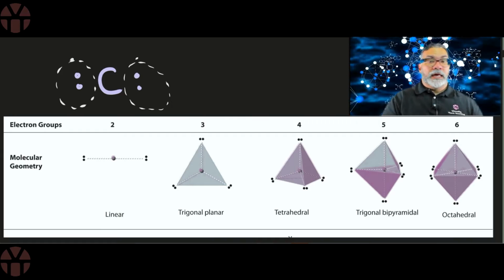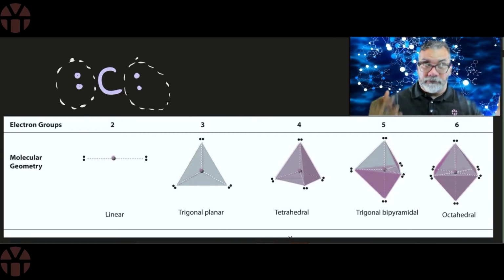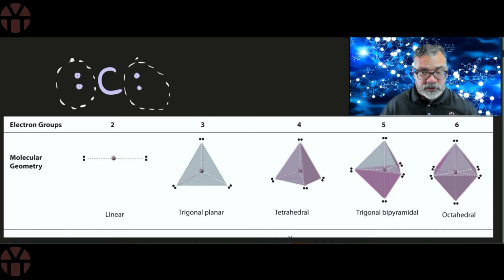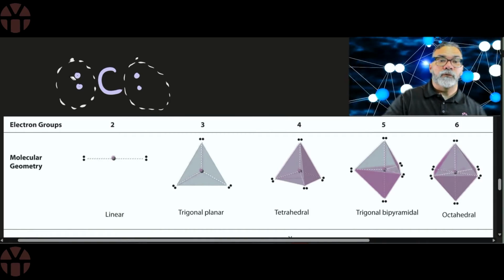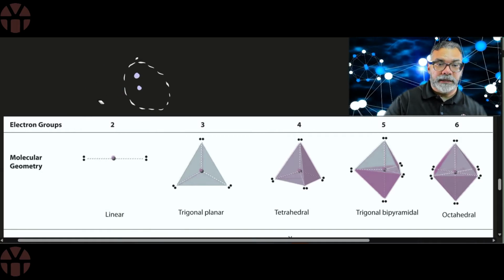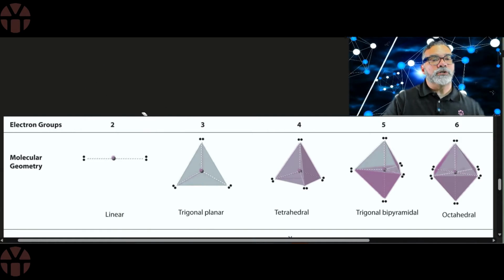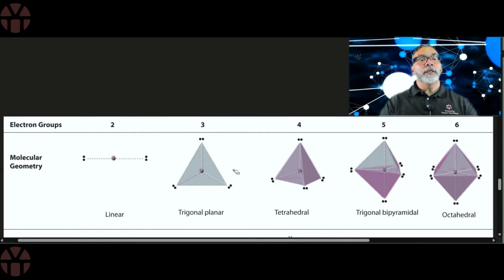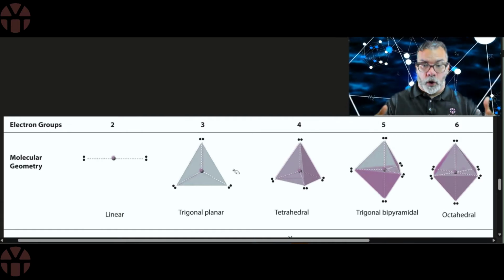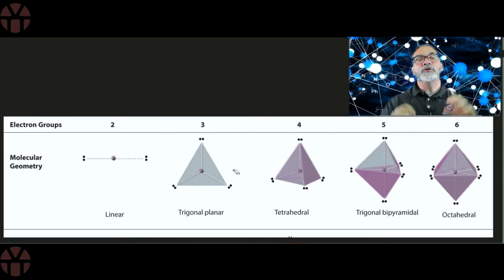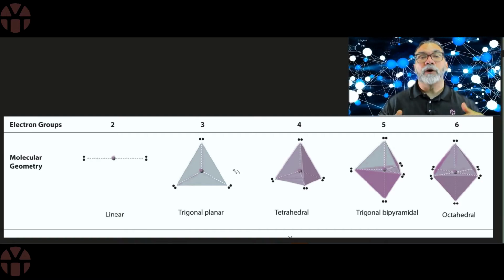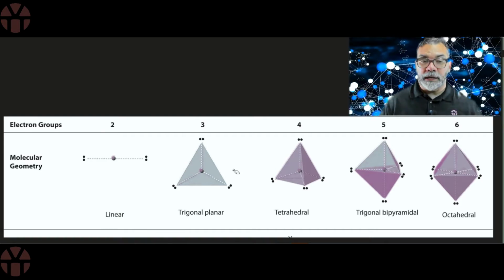Does that mean that necessarily just because you have electrons there, something must hook up there? No, not necessarily. That's why I referred to it as possible bonding sites. But it is important to note that depending on the number of electron groups, or depending on the number of possible bonding sites, that is going to influence how the electrons will be oriented.